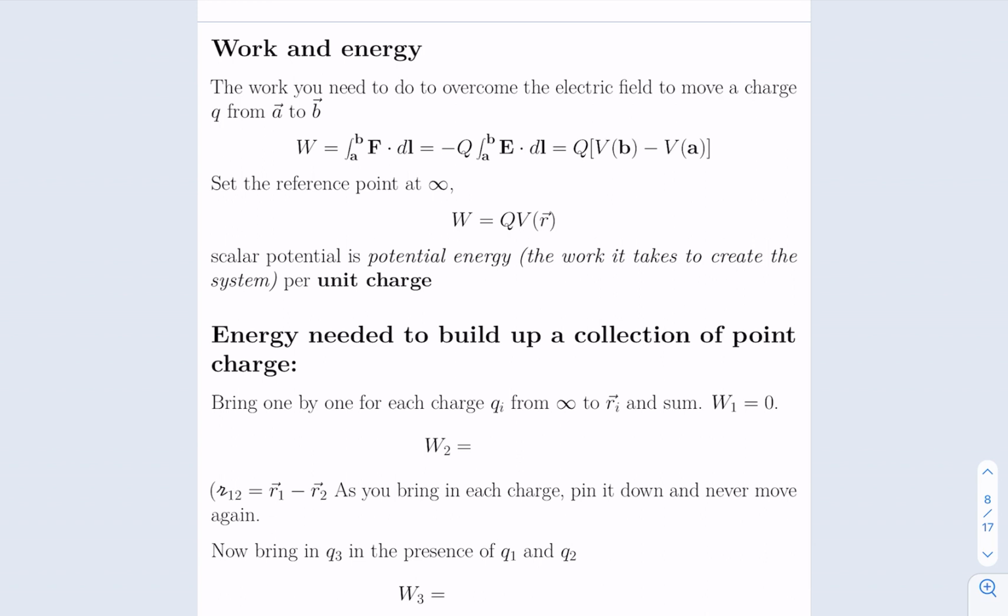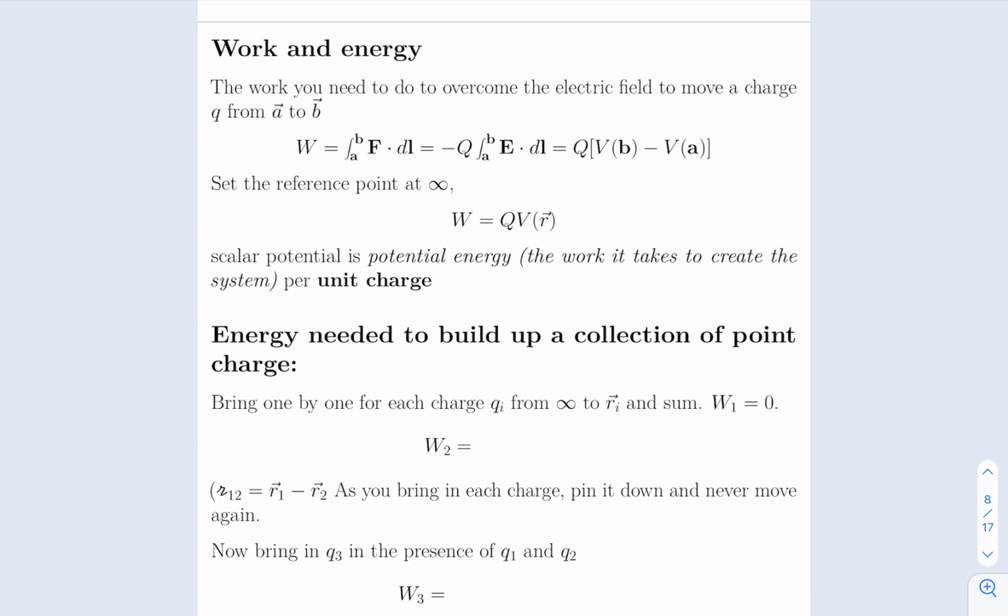Now the next step is how about a collection of point charges? So right now we are not interested in how to bring one charge from one location to the other. Instead, what we are trying to do is to bring many charges far from each other to a position where they sit together.